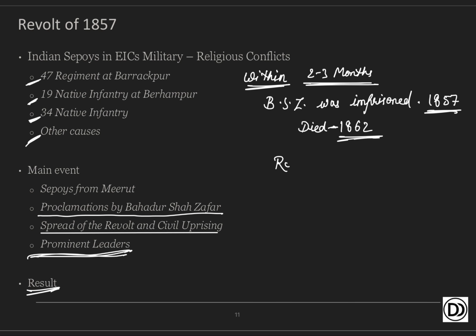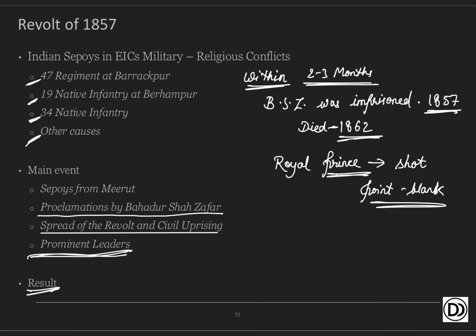Royal princes, who were from the royal family and involved in the revolt, were shot point blank by a British lieutenant.